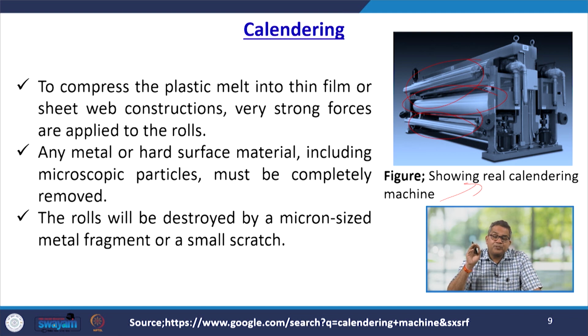Otherwise, at first they may form an impression over the rolls, and if it keeps on going, it may create an embossed impression over the film. So, the rolls can be destroyed by micron sized metal fragments or a small scratch. So, the fineness of the product depends on the surface of these rolls.